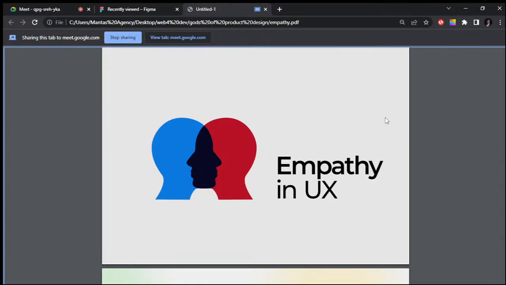So today, when we are talking about the design thinking process, we place so much emphasis on empathy, and we try to look at how empathy can actually help us understand the user.